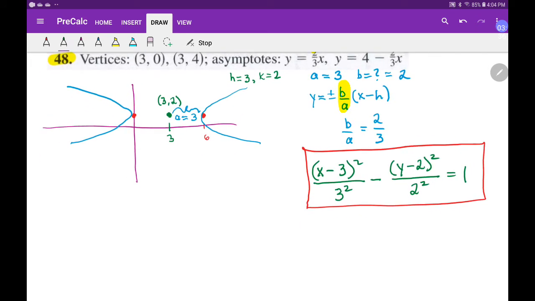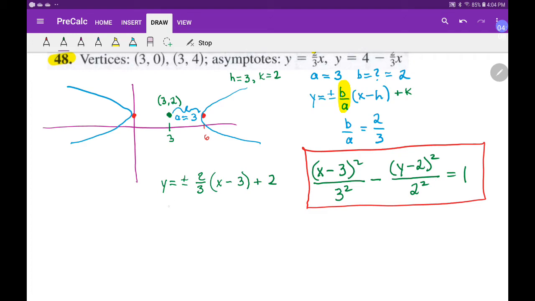If you had wanted to dig a little deeper when it came to the asymptotes, we'd say, let's see, y is equal to plus or minus b, 2 over 3, times x, oh, I left out the k, didn't I, plus k, minus h, which is 3, plus k.